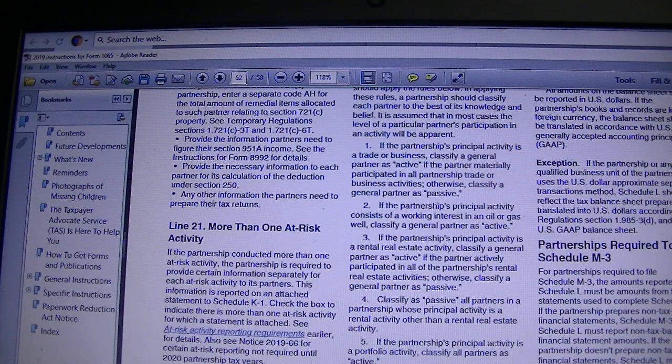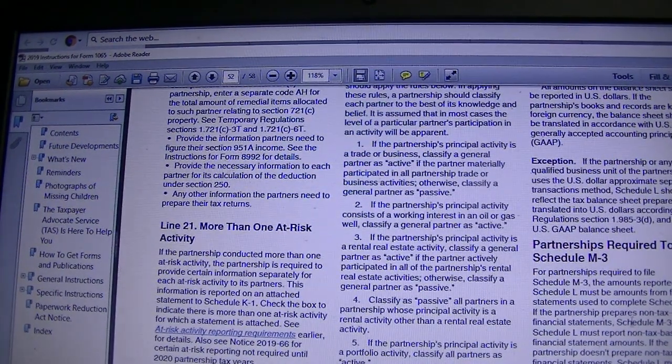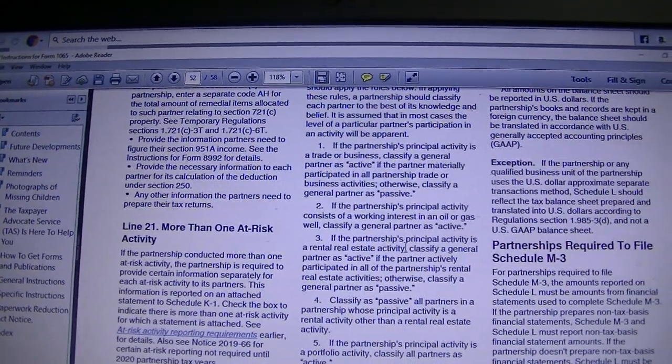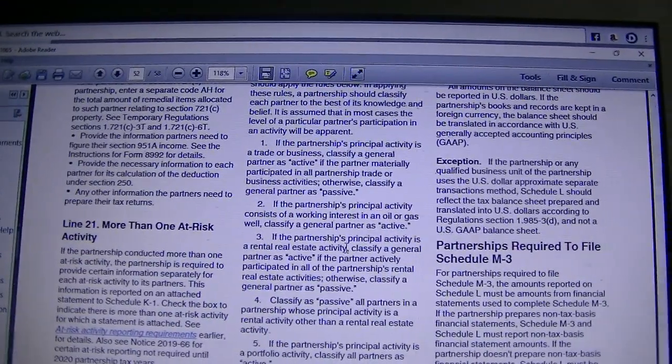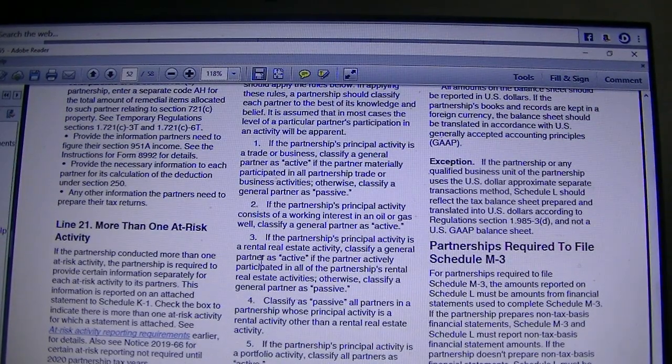If the partnership principal activity consists of a working interest in an oil or gas well, classify the general partner as active. If the partnership principal activity is a rental real estate activity, classify a general partner as active. And let's see what we will talk about.